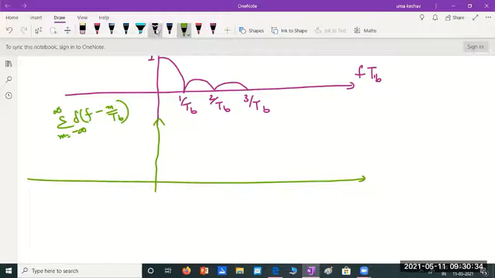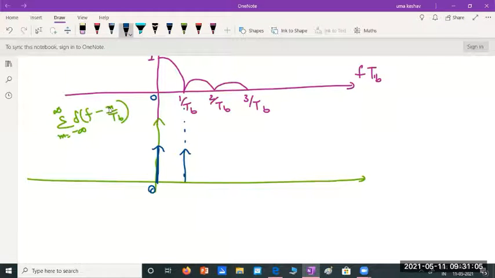Okay, so what is the value of this summation when m becomes 0, I will have delta of f. I will have one impulse at 0. Just plot this. Consider for various values of m. When m is 1, I'll get delta f minus 1 by TB. So where will that impulse lie?